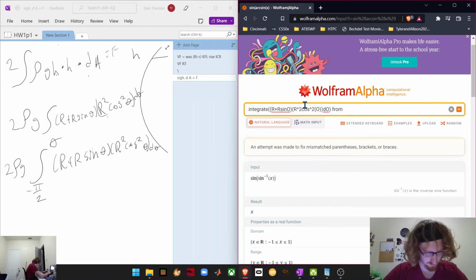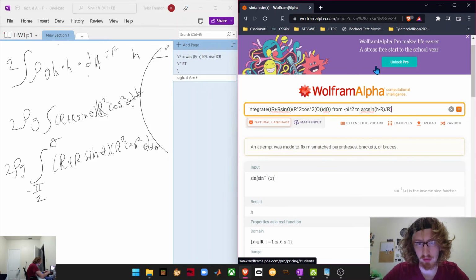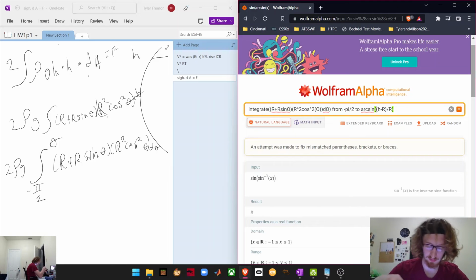And we want to evaluate from negative pi over 2 to theta, and in this case, we need to re-express that as negative pi divided by 2 to arcsine of h minus r divided by r.